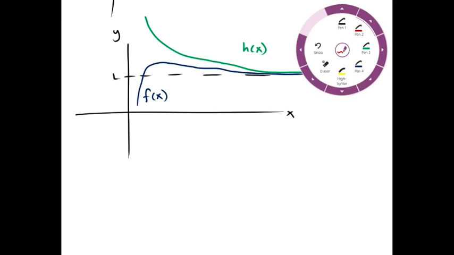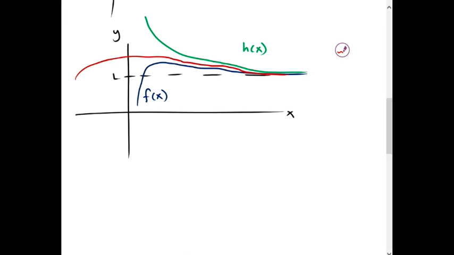Then g of x, they all approach infinity, but they reach the value L. Then we know that g must also approach L as we go to infinity.